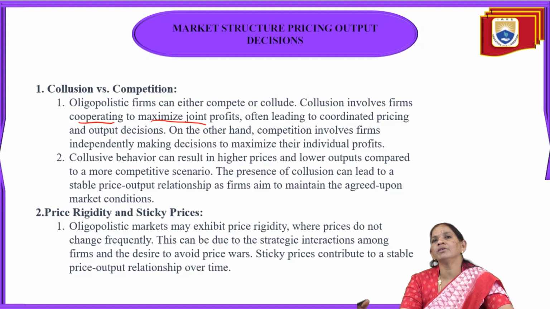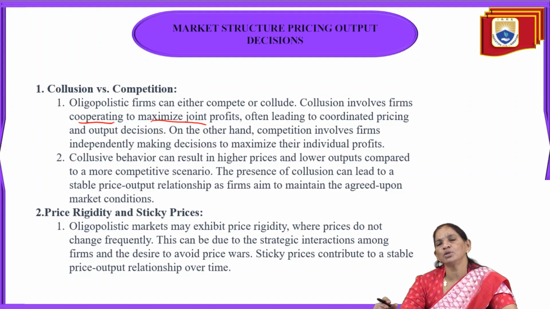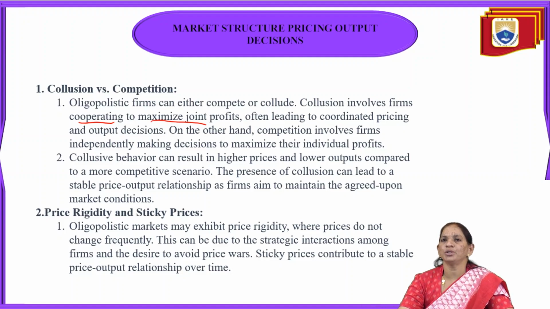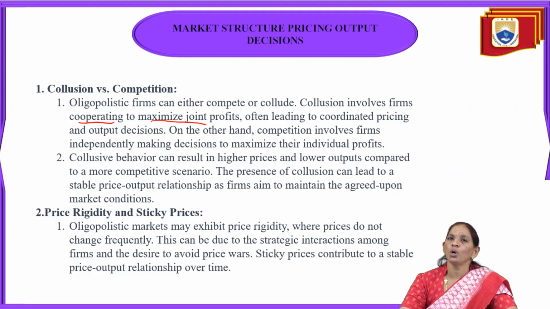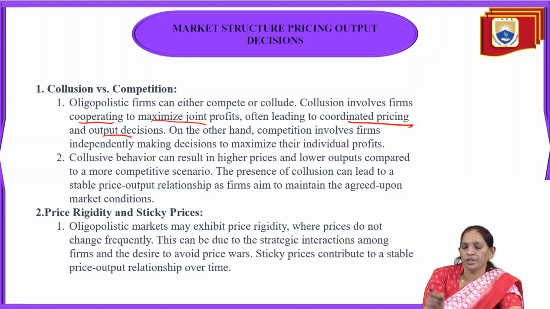Means when one firm colludes on price with another firm, as both firms are offering at the same price, they are able to capture a larger share of the market segment, such that this cooperation will lead to maximizing and sharing their joint profits. This often leads to coordinated price and output decisions.